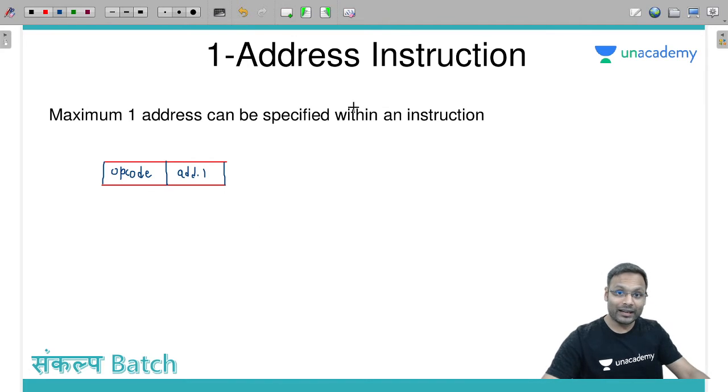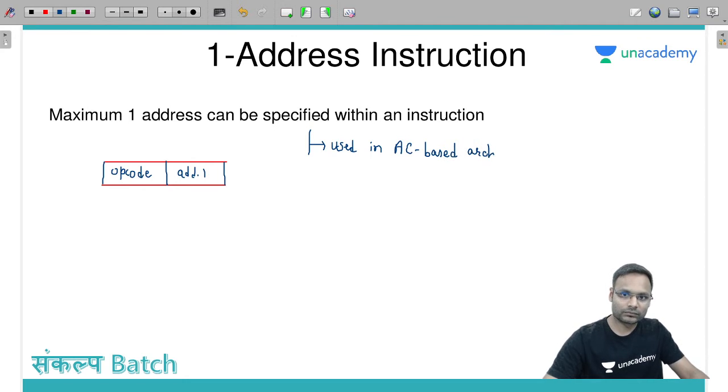What did I tell you? One address instructions are supported in or used in which architecture? Accumulator based architecture. Yes, Payal. Good.